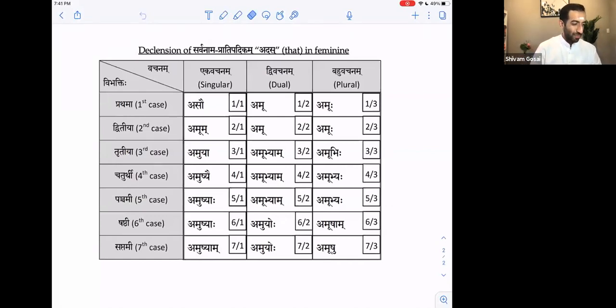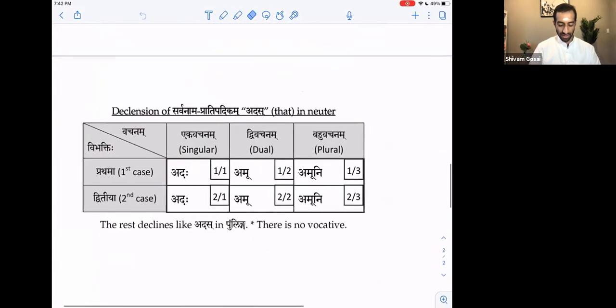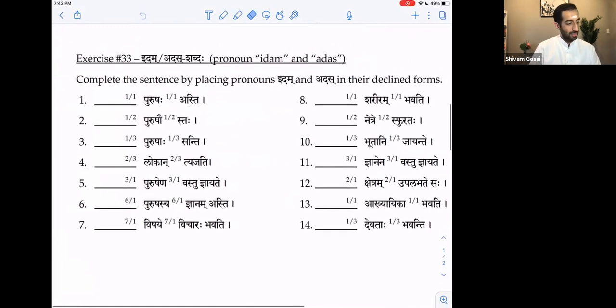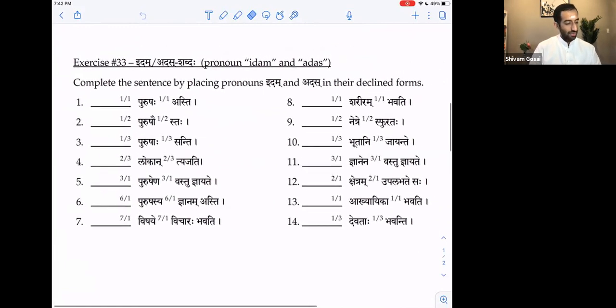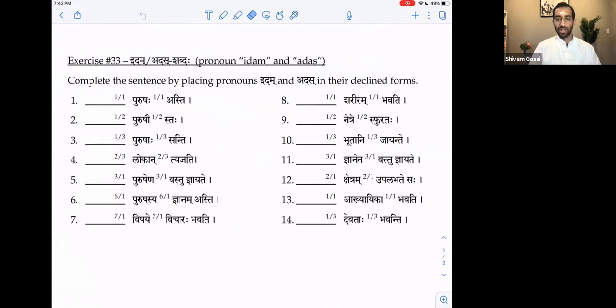What you can do is open up the back of your book. This exercise, that's number 33. I believe that's on page 182, maybe 183. Keep page 120 in your hand so you can refer to it and go back and forth to review them.